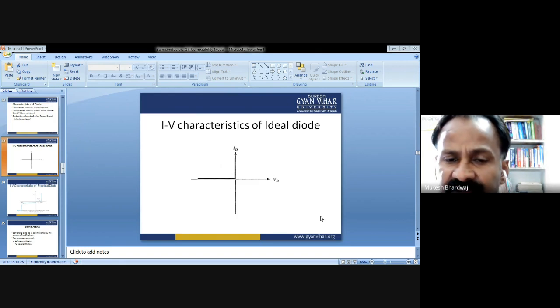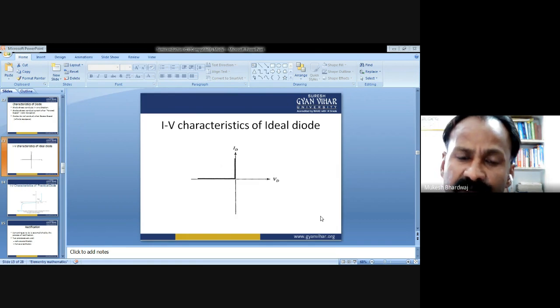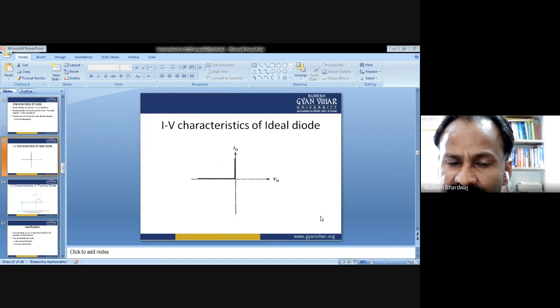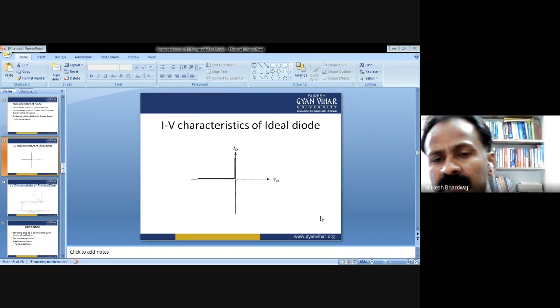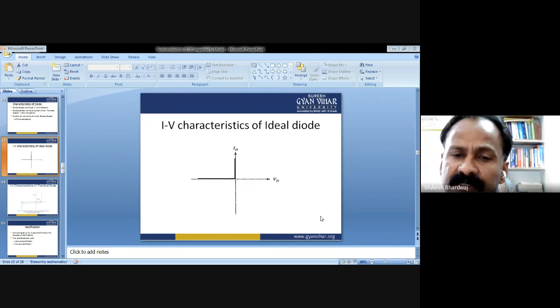If we change the polarity of the battery, then as you increase the voltage, the current does not increase by a single unit, because it offers infinite resistance in reverse bias. So this is the VI characteristic of an ideal diode.